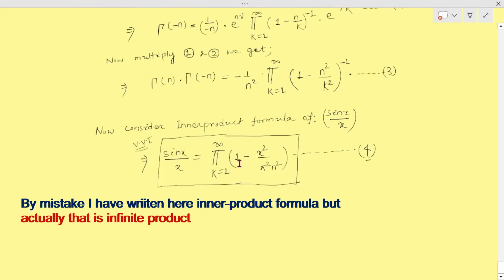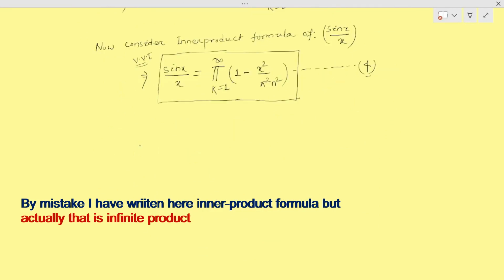How is it? To prove this, sin x by x equal to this much, consider a simple polynomial having highest power 2, suppose.